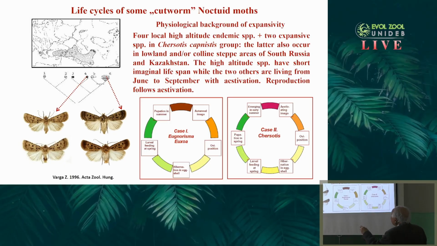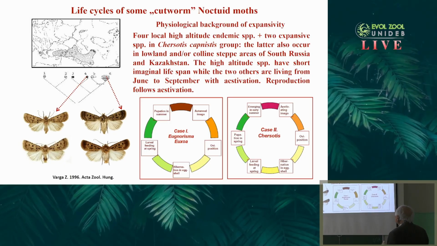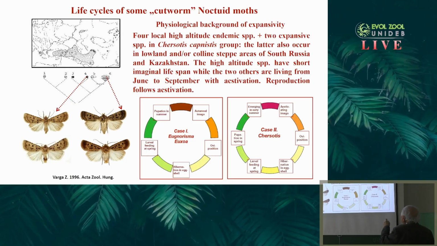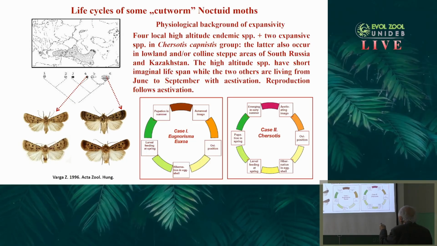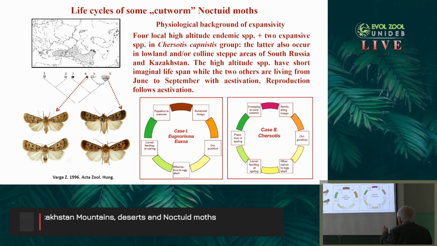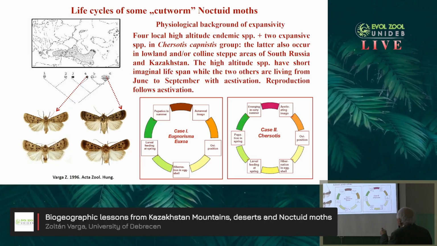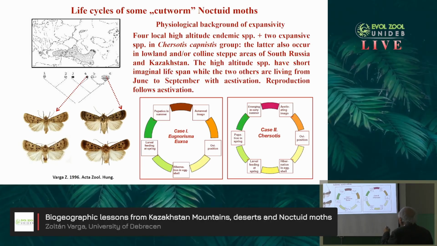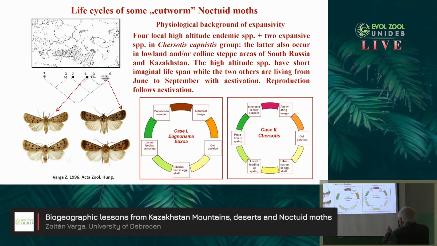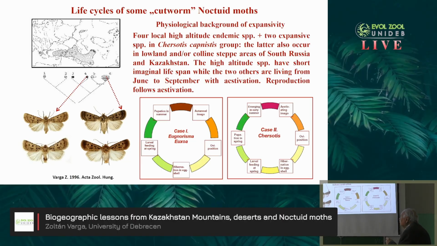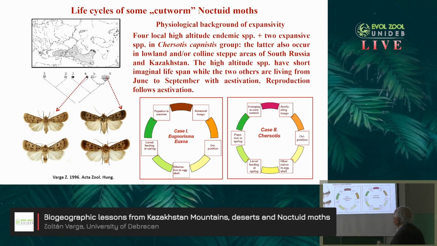The mostly extended steppe species can adapt, and this is one basic possibility of adaptation for a longer vegetation period by estivation and a high level of fertility due to this polyandry.